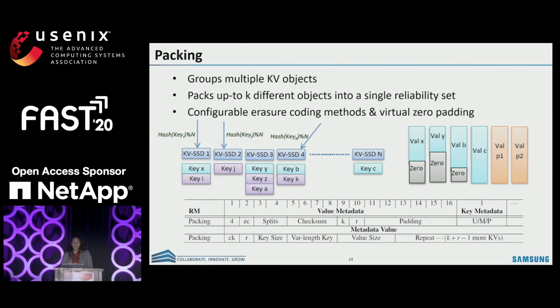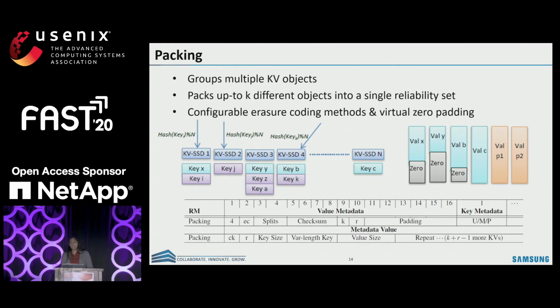And now, because you are grouping different ones, you also need to know what other KVs you grouped it with, so that when you need to recover something, you have that information. This adds some metadata. So this has additional metadata objects. For the actual value itself, whatever metadata you are adding is very similar to the previous one. And the key metadata will be storing, if it is a user object, it's straightforward.